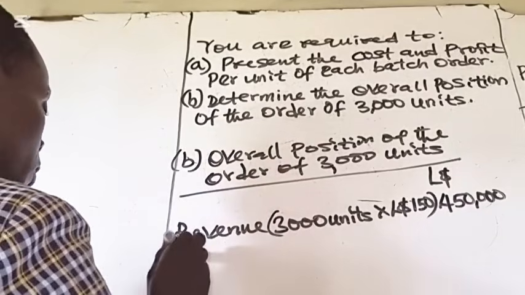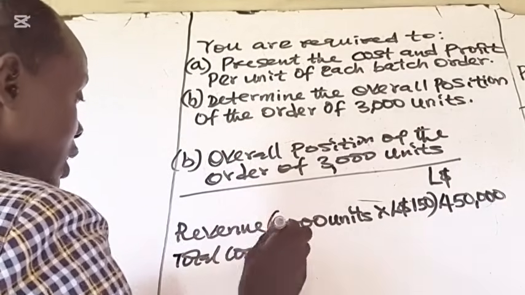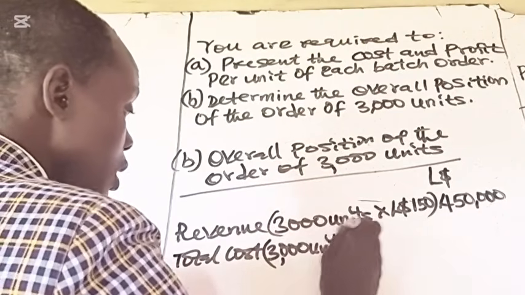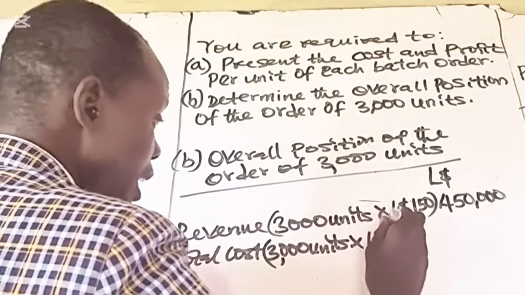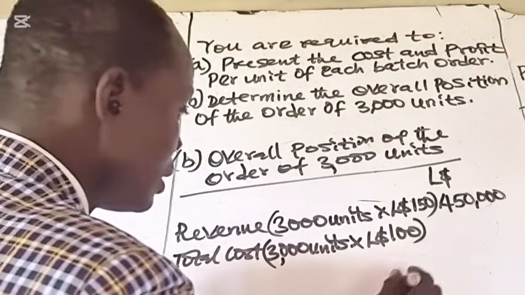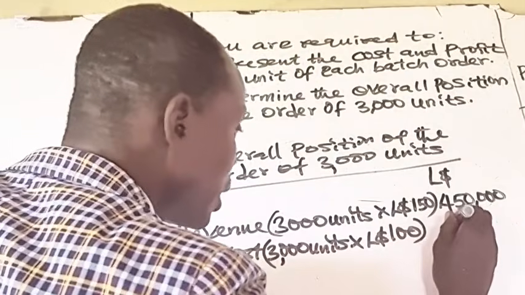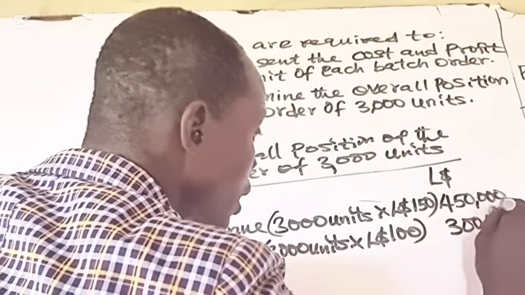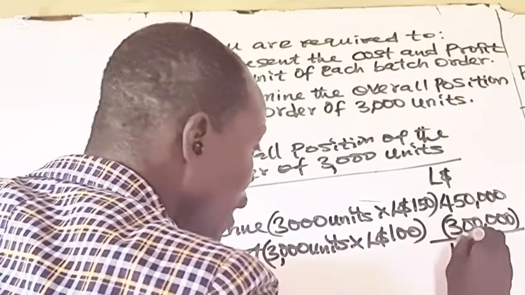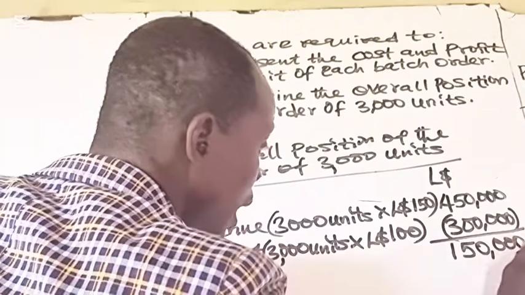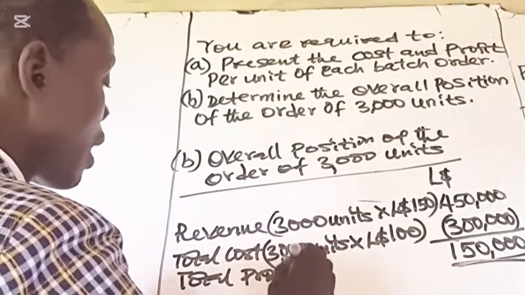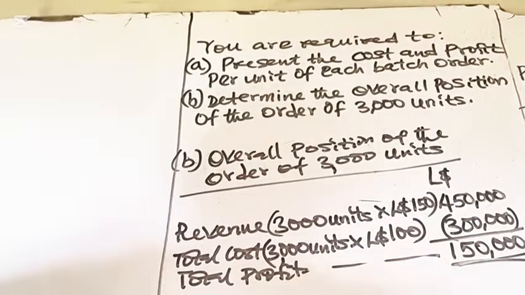The total cost of the 3,000 units, times, remember the cost per unit has been calculated, and we got that as 100 Liberian dollar. So 3,000 times 100, that will be 300,000. If you subtract 300,000 from 450,000, you have the profit of 150,000 Liberian dollar. That is the total profit. So that is the overall position of the 3,000 units.